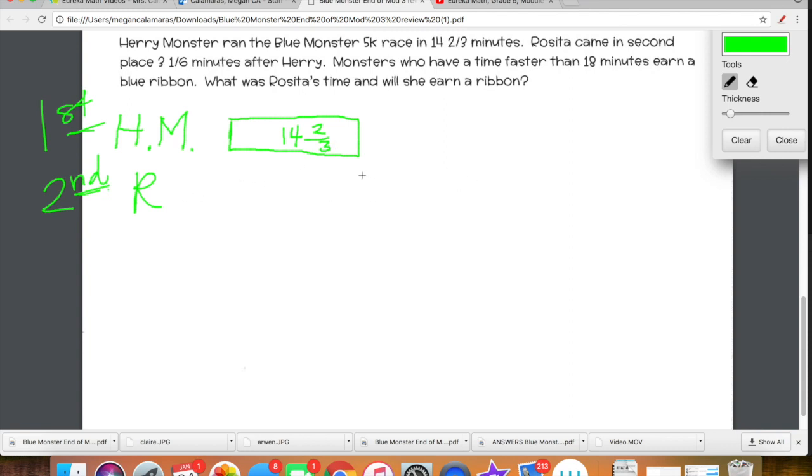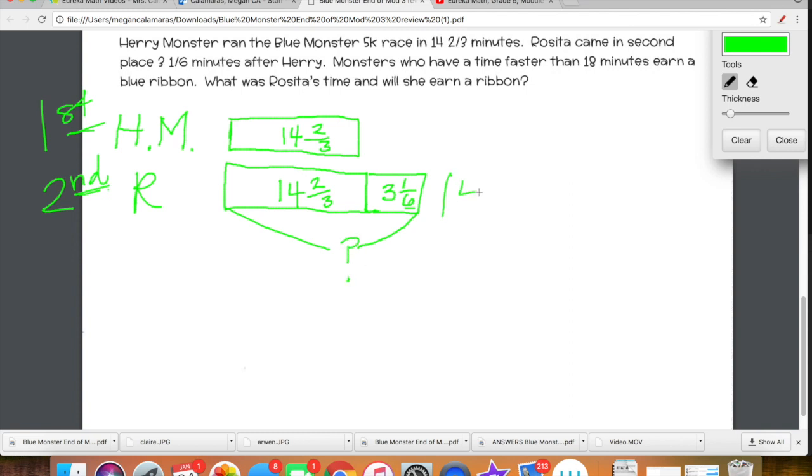Rosita came in 3 1/6 minutes after he did. When did Harry Monster come in? Well, he came in at 14 2/3 of a minute. So Rosita's total time is going to be 14 2/3 plus 3 1/6.